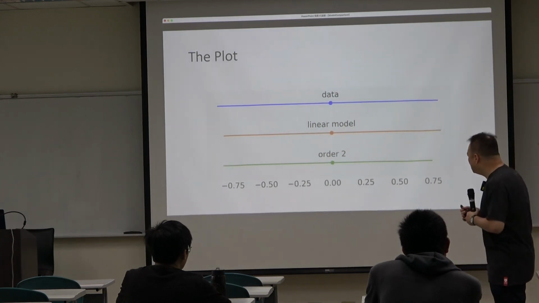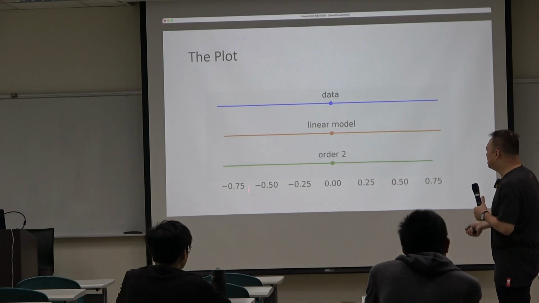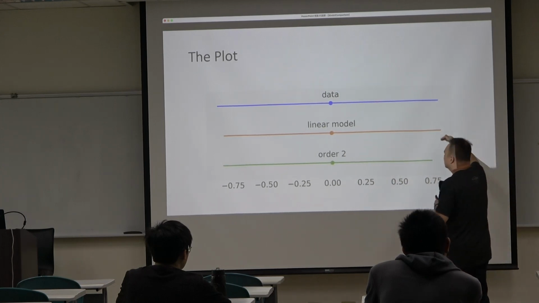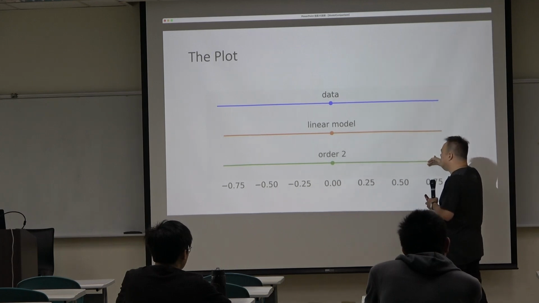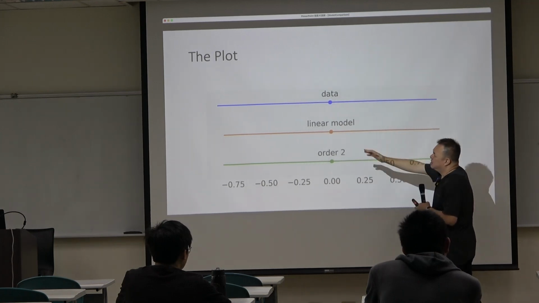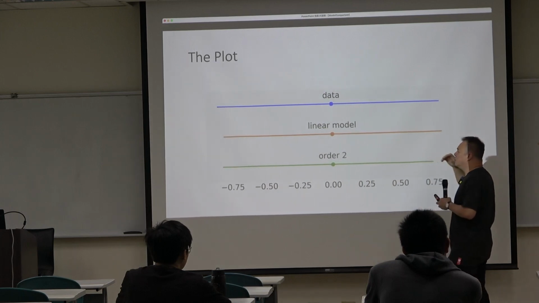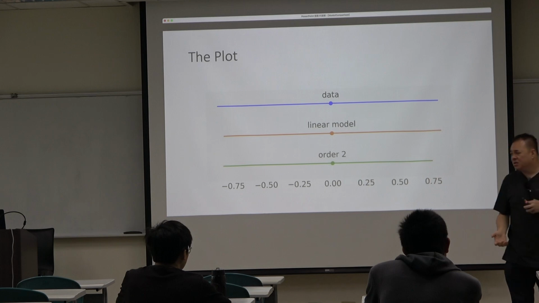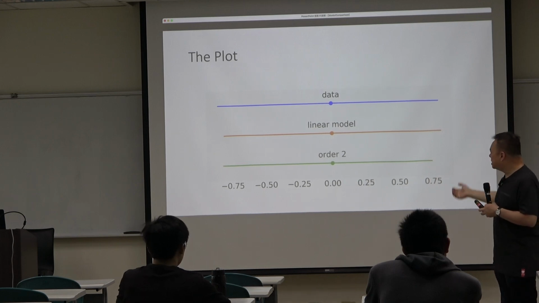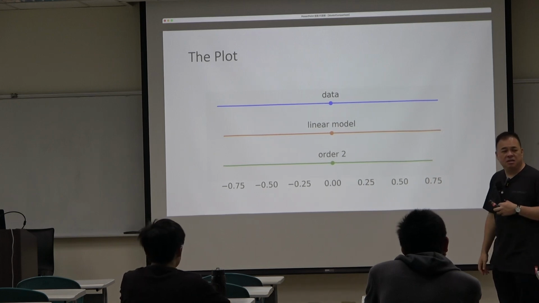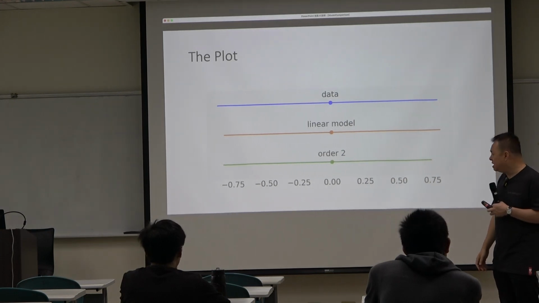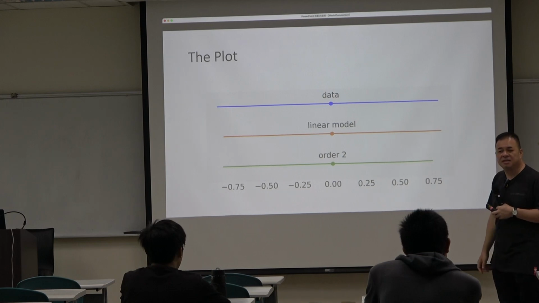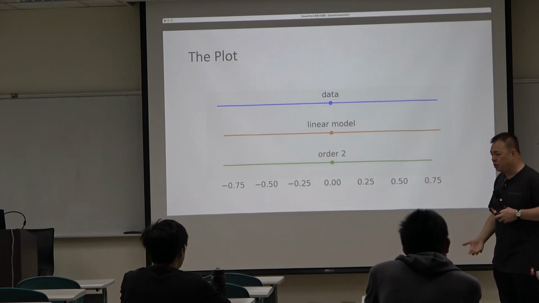But unfortunately, for this particular example, this one is the linear model and this one is the quadratic model, and both interquartile ranges are similar to the interquartile range of the data points. At least visually speaking, the difference is very minor. So what do we do?